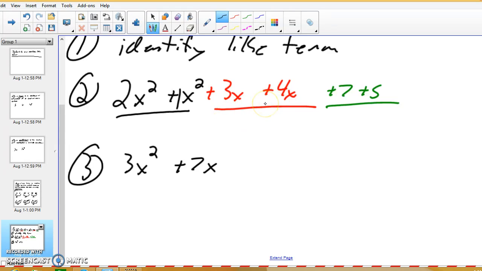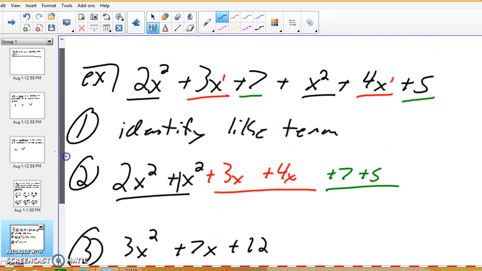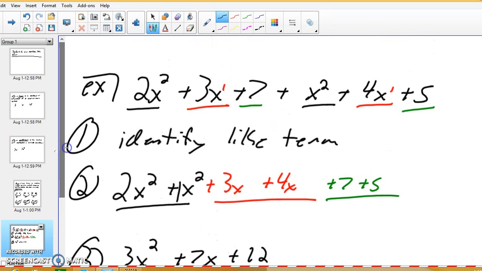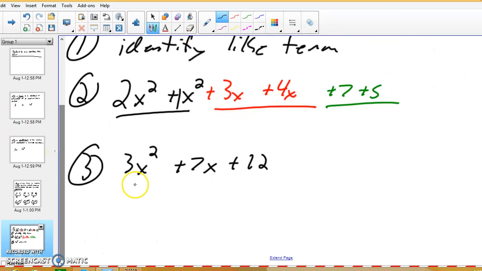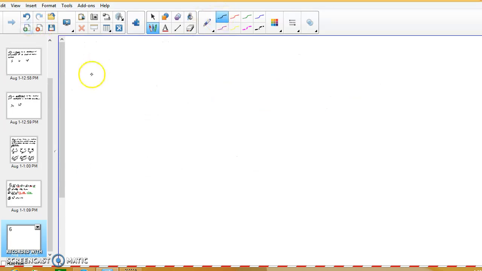We're just adding the coefficients. The next one was 7 plus 5, which is 12. So by combining like terms, we turn this long, ugly equation into something a lot shorter and more compact.